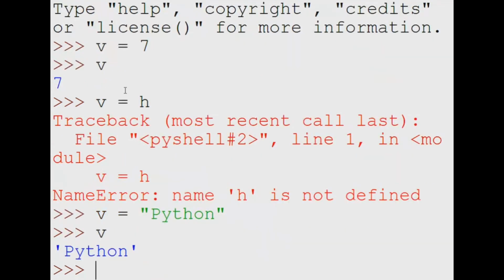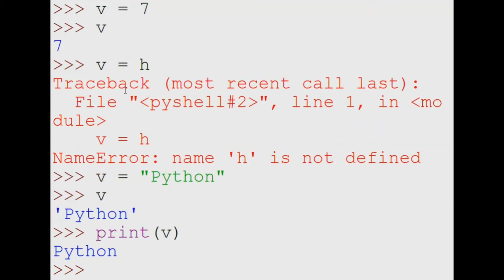Now I will tell you what print is. If I print v and enter, it will give me Python, but it comes with single inverted commas at the first and last.